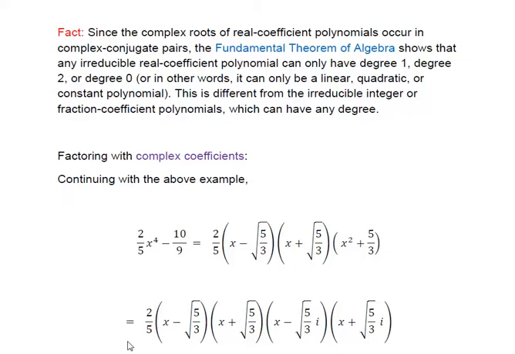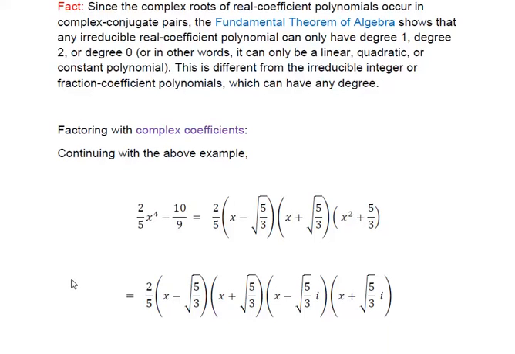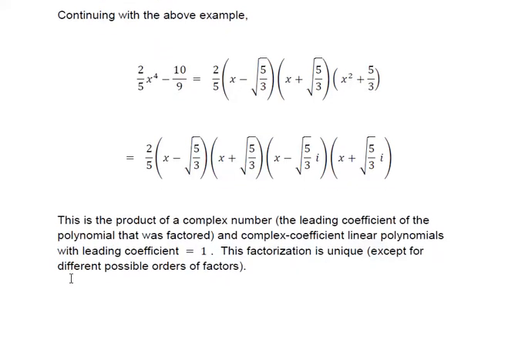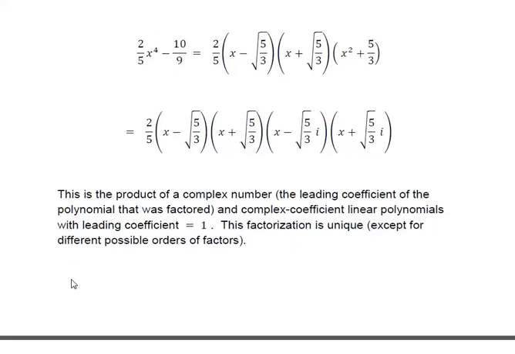We have the leading coefficient of the original polynomial multiplying a product of linear polynomials with complex coefficients and leading coefficient 1. Again, this factorization is unique by the fundamental theorem of algebra, except, of course, for possible different orders of factors.